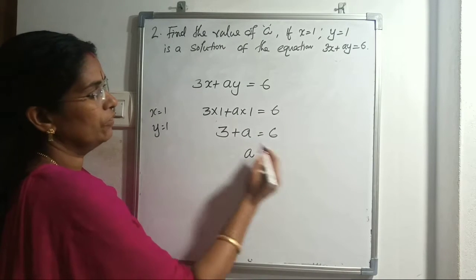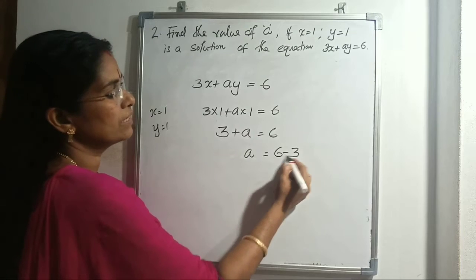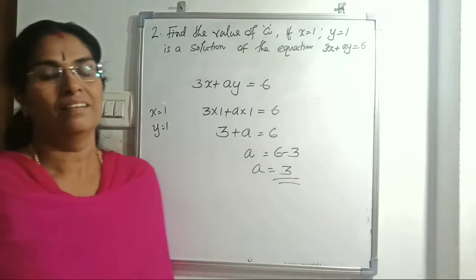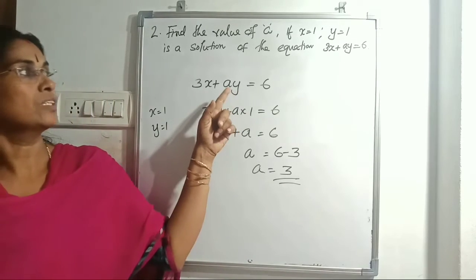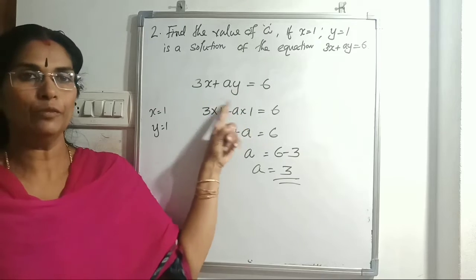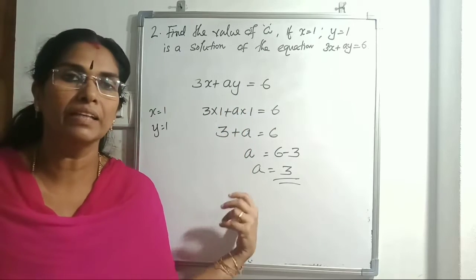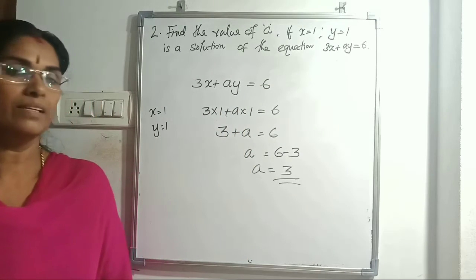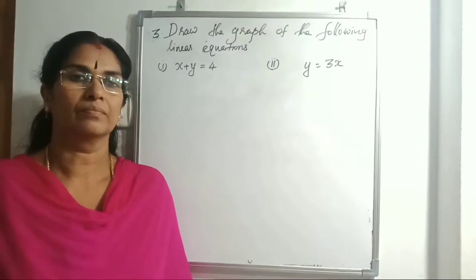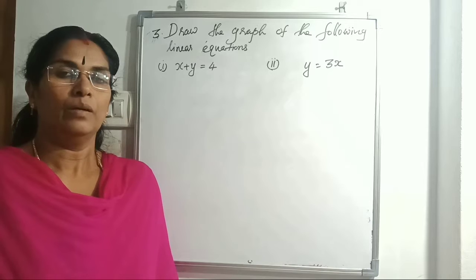We have to find the value of a, that is a is equal to 6 minus 3, equal to 3. Very simple. (1, 1) is the solution, means we apply the x and y values and solve, finding the variable a. a is equal to 3. Clear?